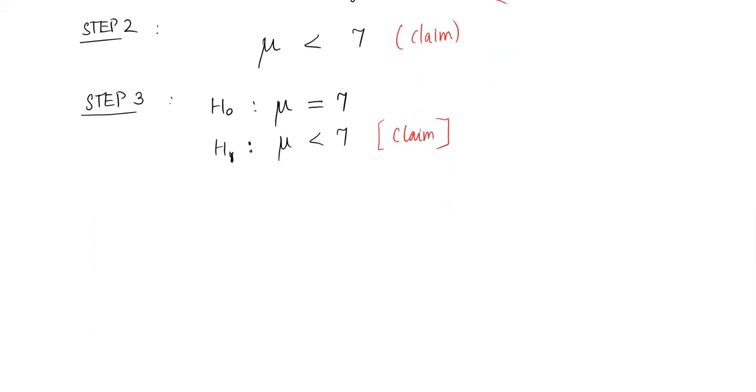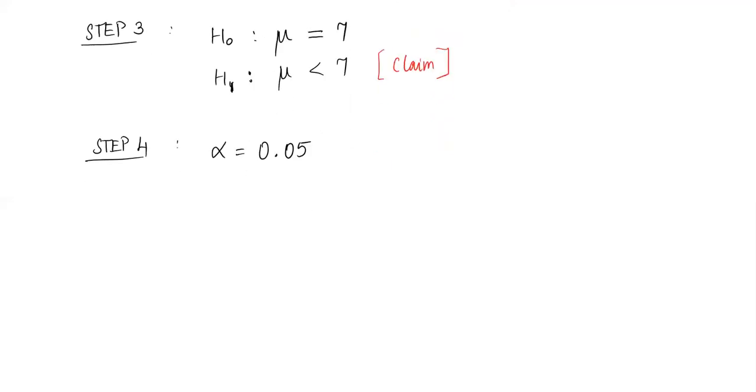Right? Step 4. Alpha. So alpha is given to us in this problem as 0.05. If it was not given, we would still have used 0.05. Step 5. We want to go back and see if we have to use.